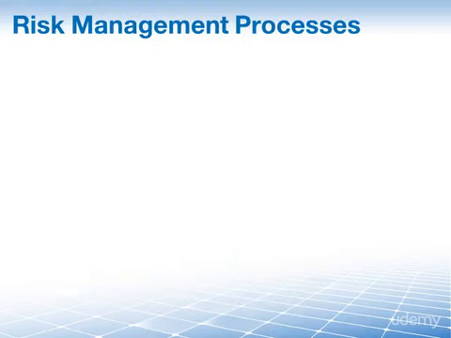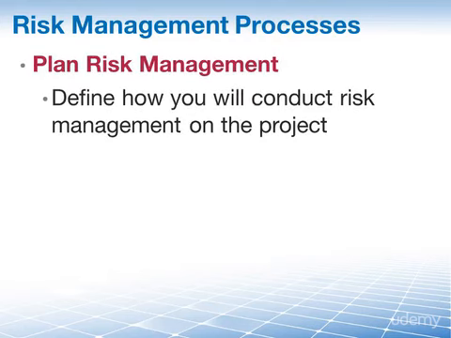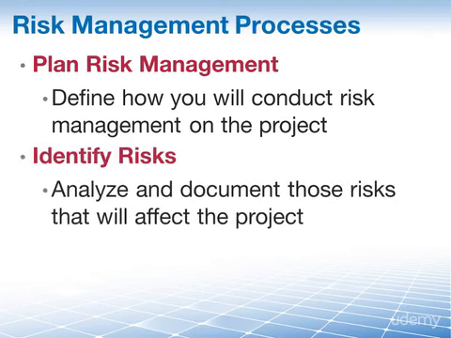The project risk management knowledge area has a total of 6 processes, and it all begins with plan risk management, which is the process of defining how to conduct risk management activities for a project. And once you know how you're going to do this, you will be moving on to identify risks, which is the focus of our lesson right here. It's the process of determining which risks may affect the project and documenting their characteristics.